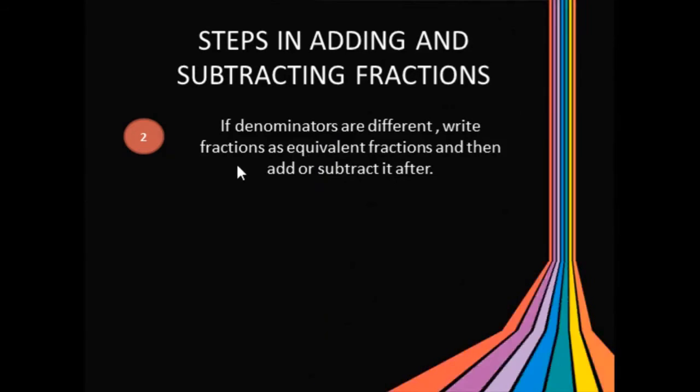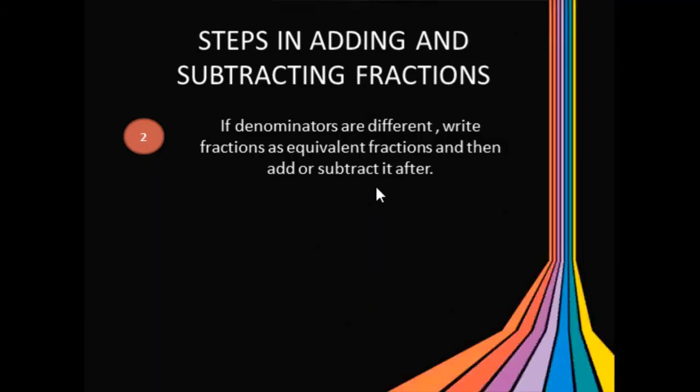Write fractions as equivalent fractions and then add or subtract it after. This time, the case is our denominators are not the same with each other. For example, I have two fractions, 1/3 and 2/5. Our denominators are not the same because it's 3 and 5.